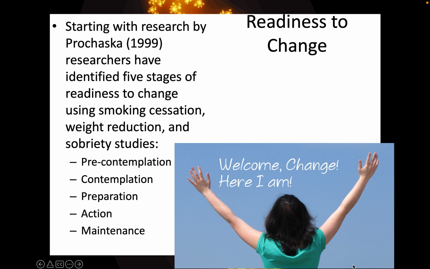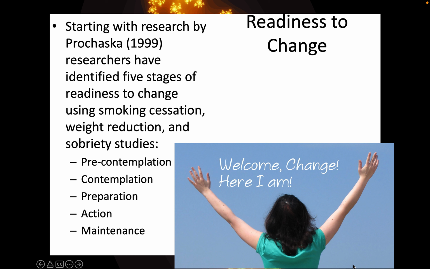Starting with research by Prochaska in 1999, researchers have identified 5 stages of readiness to change using smoking cessation, weight reduction, and sobriety studies. The first stage is pre-contemplation, where they haven't even started thinking about changing yet.